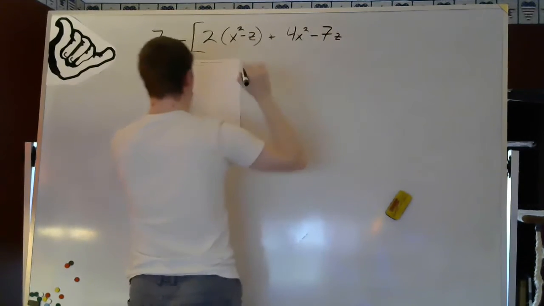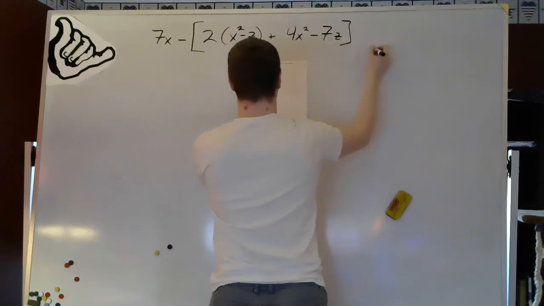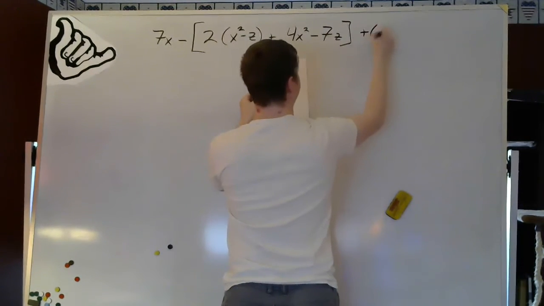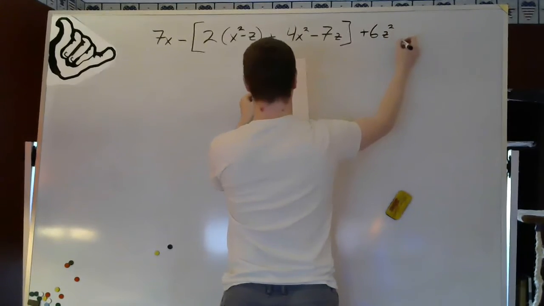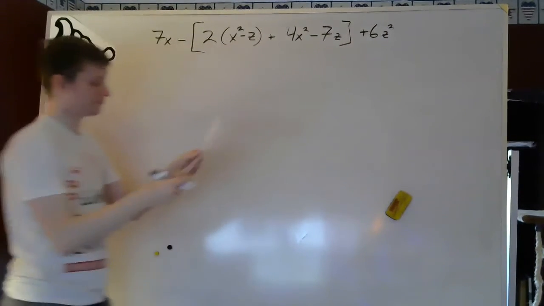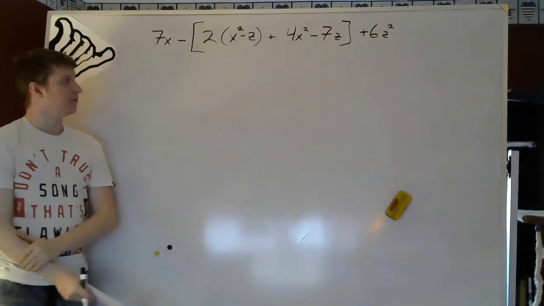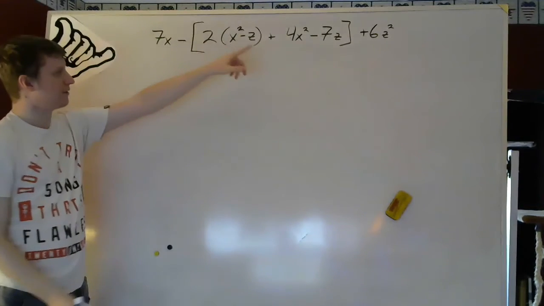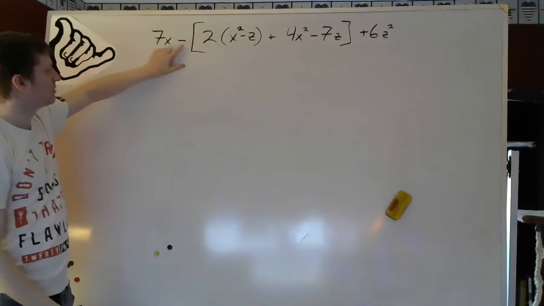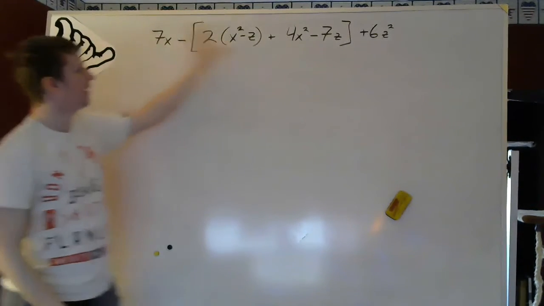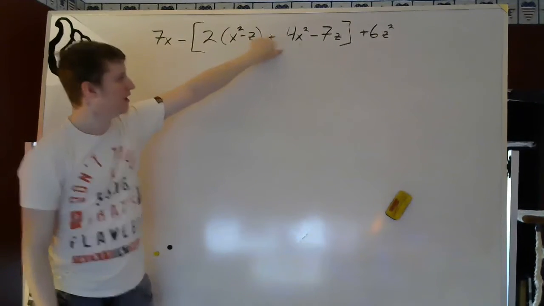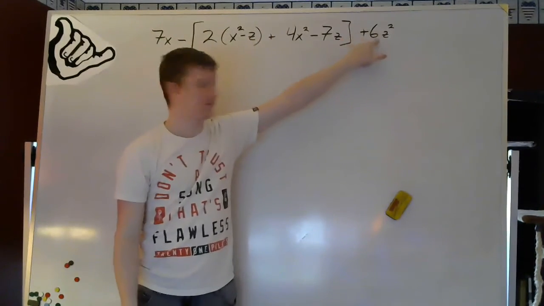I've even got multiple variables in this one. And then plus 6z squared. So again, we're adding and subtracting polynomials here. There's a subtraction sign between this monomial and this large polynomial, and then another addition sign with the other monomial here.